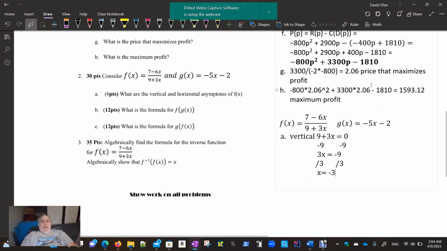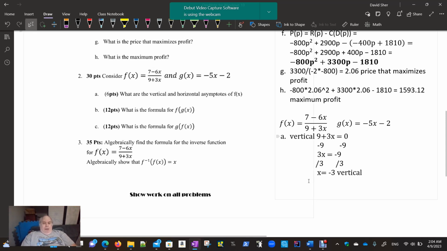And 7 minus 6 times minus 3 is 25, which is not 0, so this is a vertical asymptote.